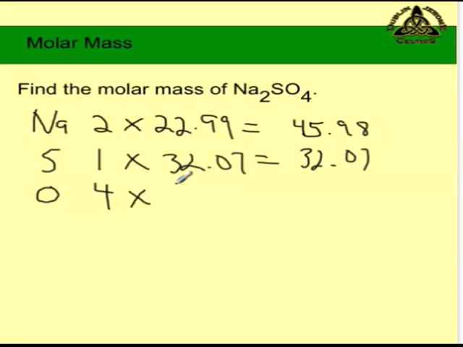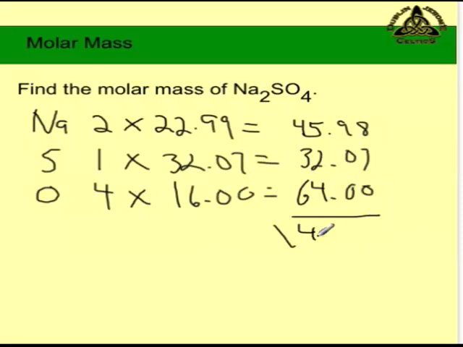Oxygen is 16.00. That gives us 64.00. So when we add these up, we get 142.02 grams.